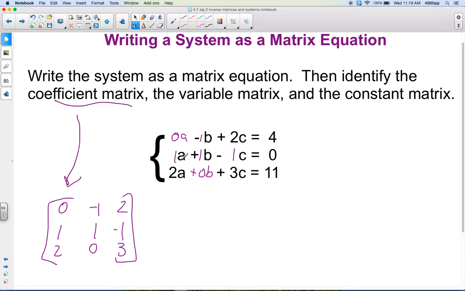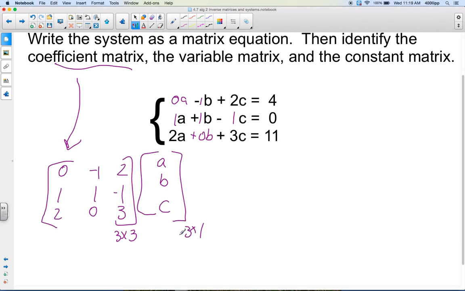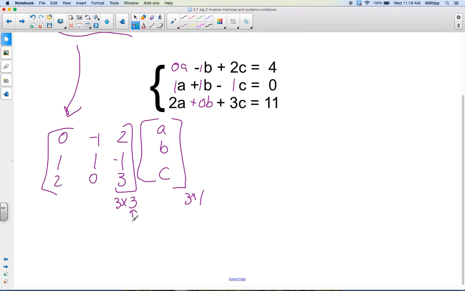Then I'm going to have my variable matrix. My variables are A, B, and C. In order to multiply these, I need it to be written so that I can multiply them. This matrix is a 3 by 3, and I wrote this matrix as a 3 by 1. We know that we can only multiply them when these numbers are the same, which is why I wrote it as a 3 by 1 as opposed to a 1 by 3.